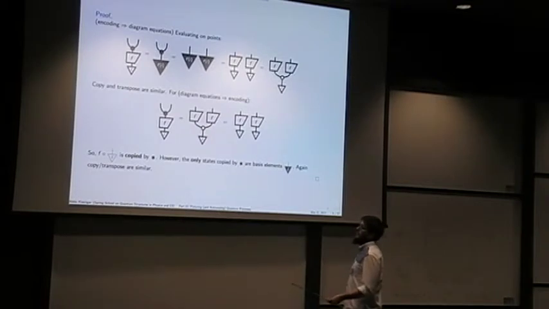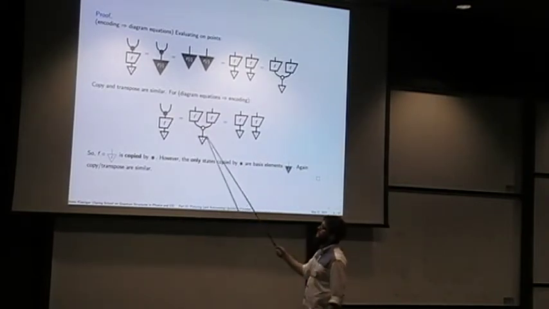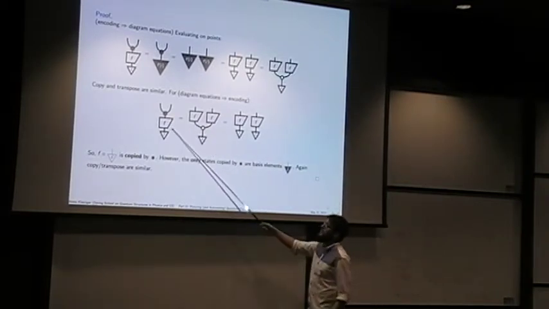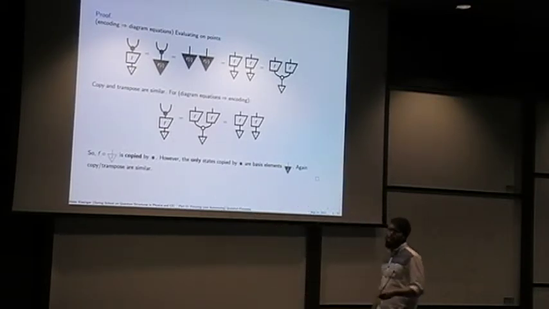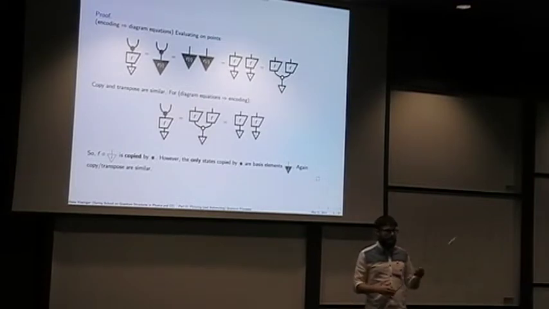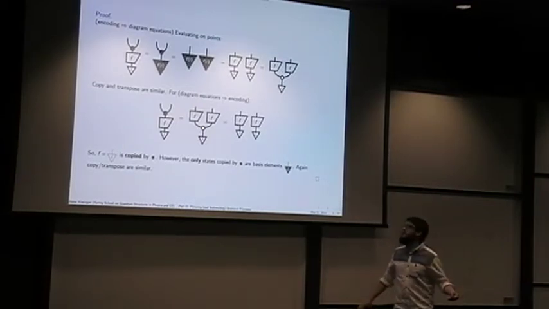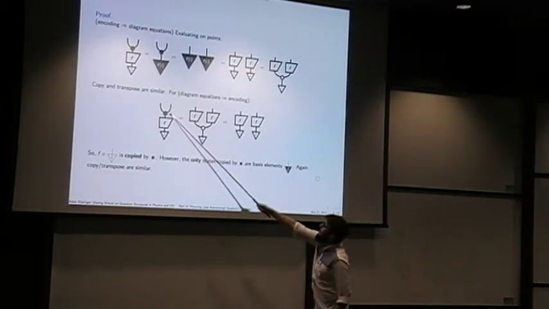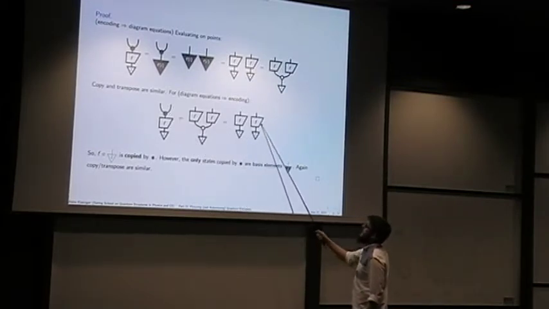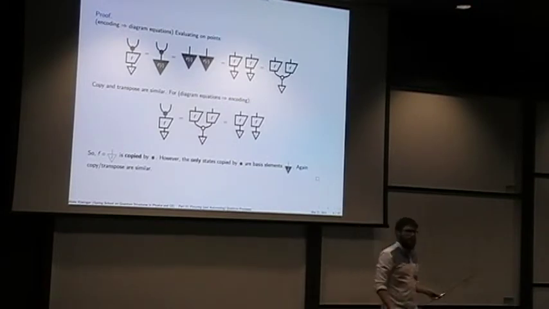And then it's a property of all these dots that the only things that these dots copy are basis elements. So that's one of the important facts about these spiders, which can be used to totally characterize them. So in fact, since the only thing copied by gray is a basis element, then f of i has to be a basis element. So that's how you prove the converse there.